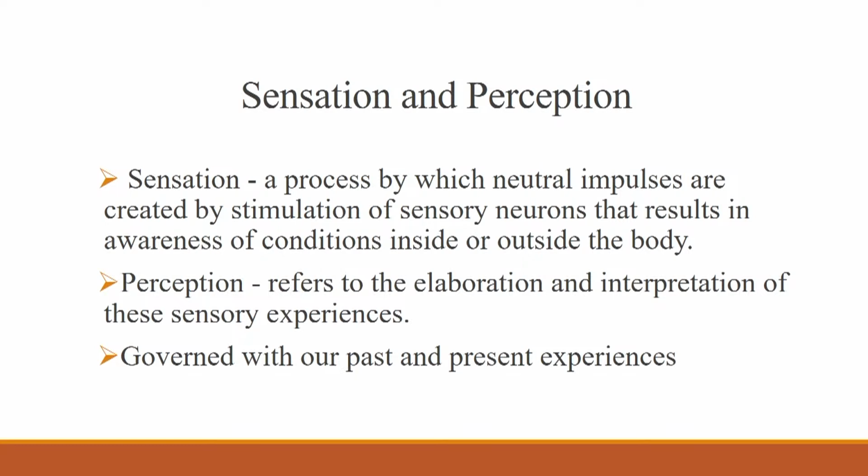Perception basically refers to elaboration and interpretation of these sensory experiences, and these are primarily governed by our past and present experiences. So if you see an object, this information will be sent to your brain, and this sensory information is getting transmitted to your brain via neural impulses.